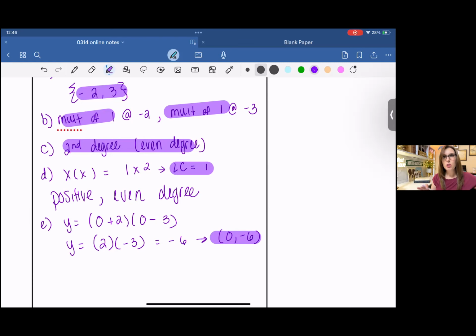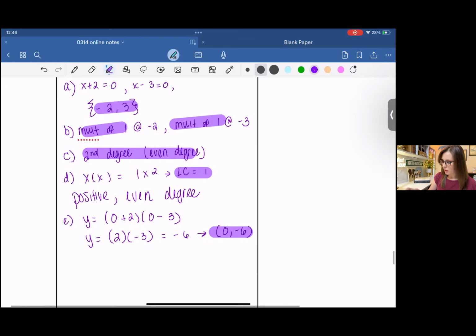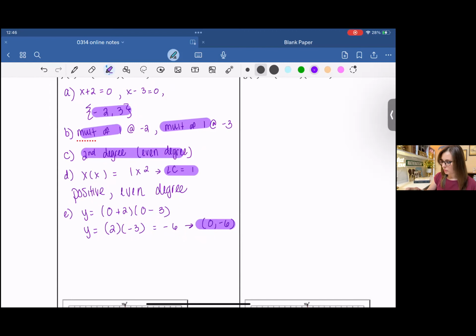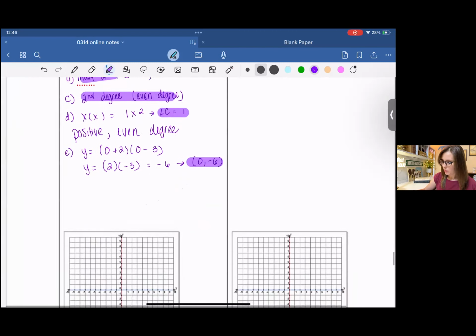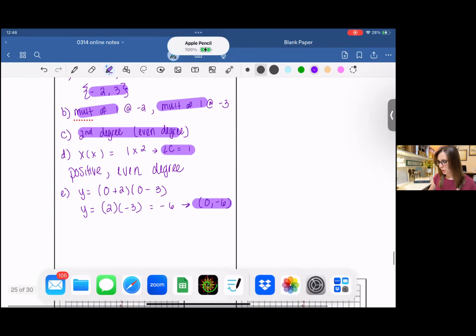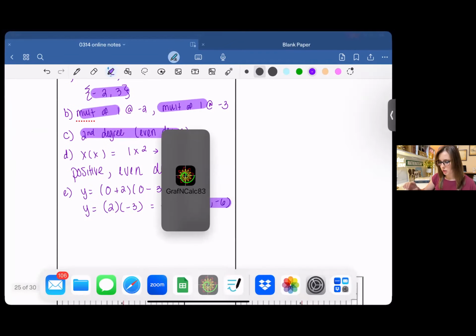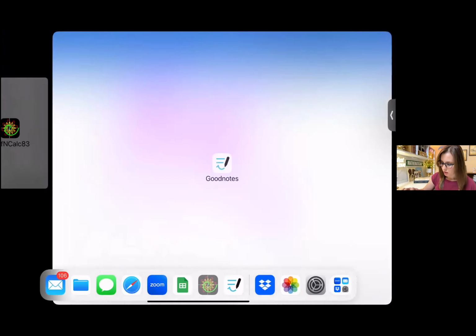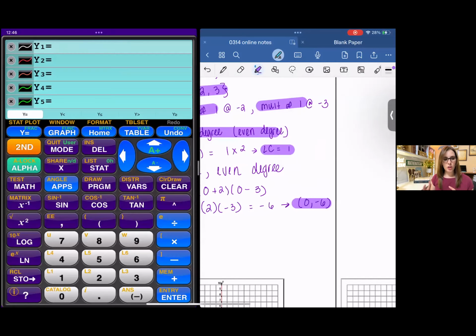And so, an even degree polynomial. Let's look at a couple even degree polynomials really quick, just so that you can see what I'm talking about. Even degree means that the highest exponent, the largest exponent, is an even number.